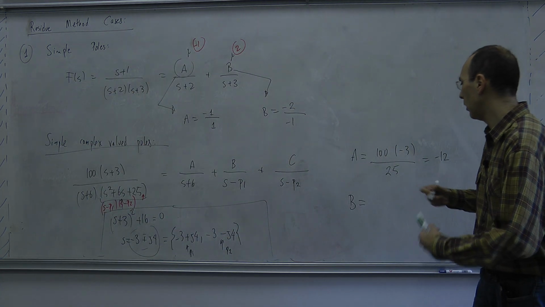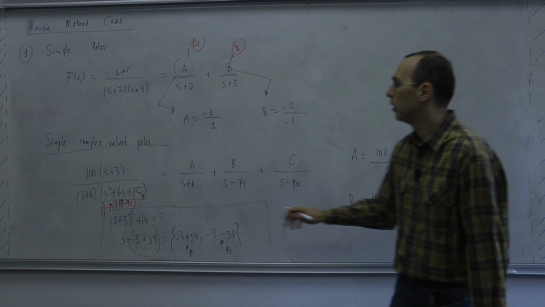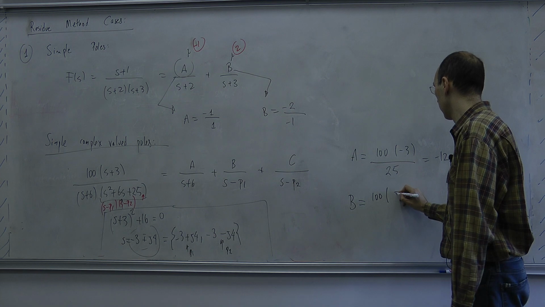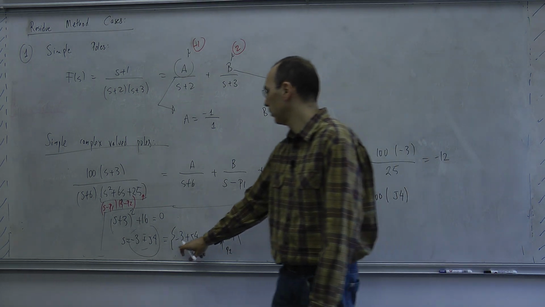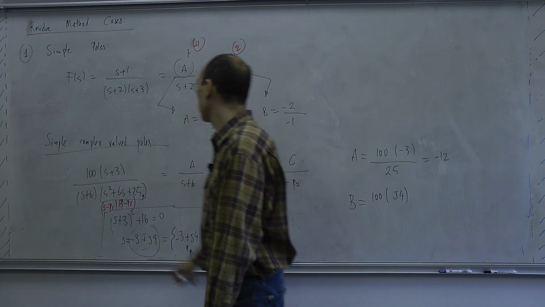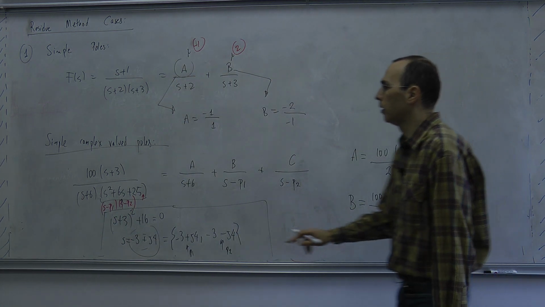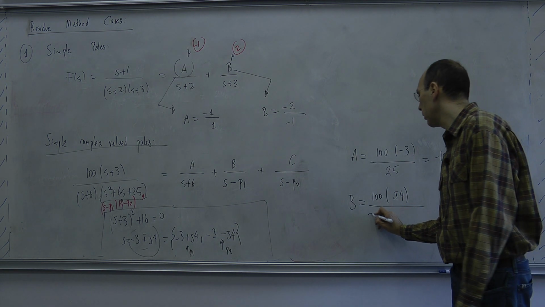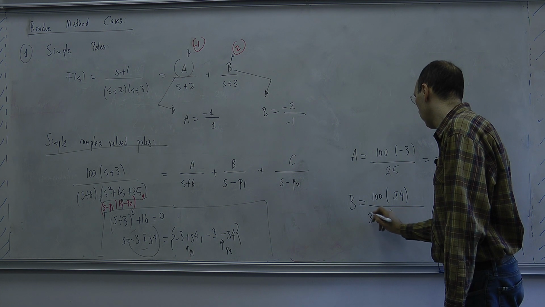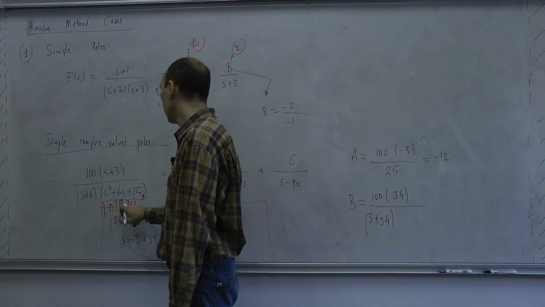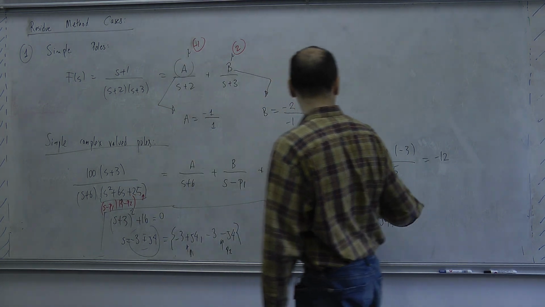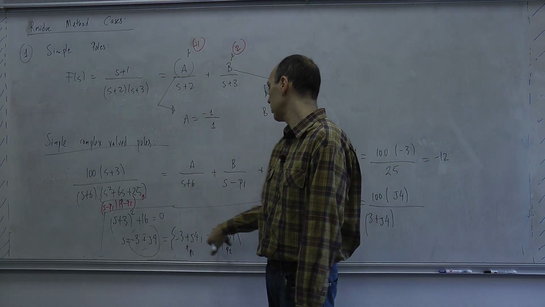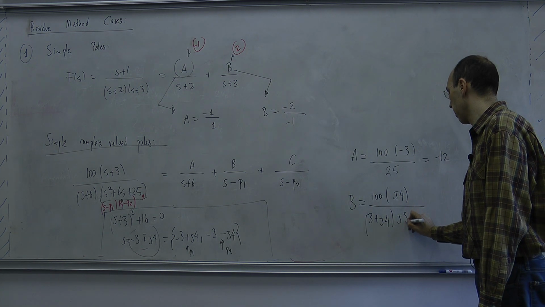So how do I find b? 100, and so I have p1 plus 3. p1 plus 3 is j4, okay, divided by p1 plus 6. So p1 plus 3 was this. p1 plus 6 should be this. Okay, now I have, this is already cancelled because I'm trying to find b. I have p1 minus p2. p1 minus p2 is j8. Okay.